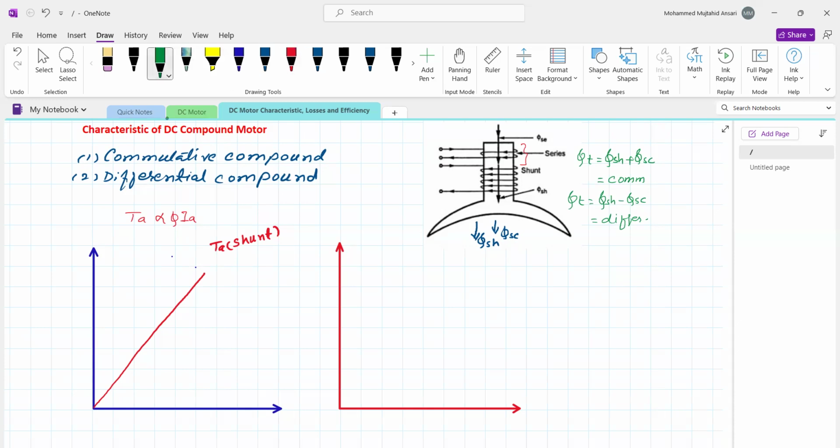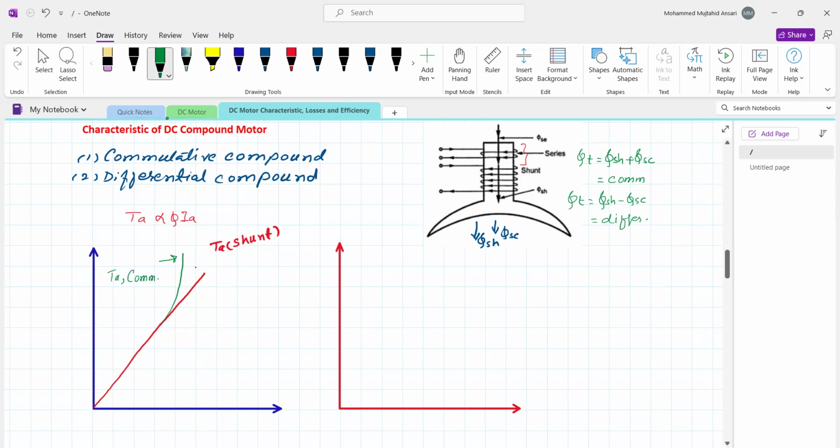So we will find the increase in torque at a small value of load. The flux created by the series field winding does not have much influence over the shunt field winding, but when the load current is appreciably high, then the flux created by the series field winding will definitely be more, and it is going to be observed at higher load condition. So here the torque increases, and this increase in torque, similar to the DC series motor, is for the cumulative motor. So it is TA for the cumulative motor.